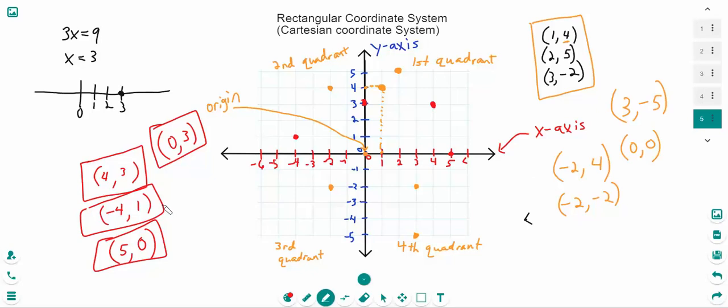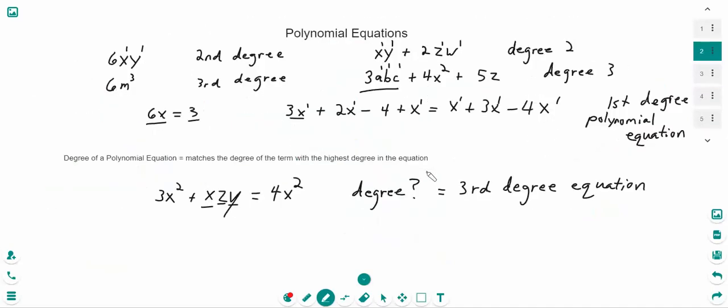So should be pretty easy, not hard to do, and we will be using this a lot. So become very familiar with the Cartesian coordinate system. We're going to be talking about it more tomorrow and in future classes as well. And just as a quick summary, we talked about polynomial equations, right? Polynomial equations, just polynomials set up with an equal sign.